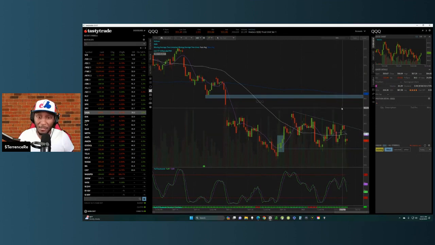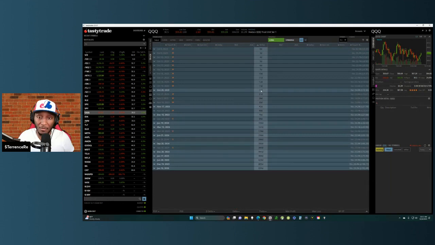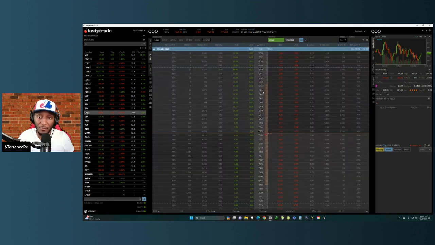If you're good at picking targets, like let's say you think it's really going to go right here to your target, you can do a butterfly or a broken wing butterfly. Maybe you can buy a call spread. I just don't like buying options when vol is high, but you could buy a call spread 14 days out. You think it's going to get over here?